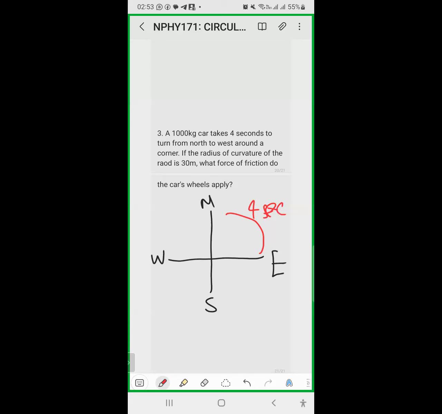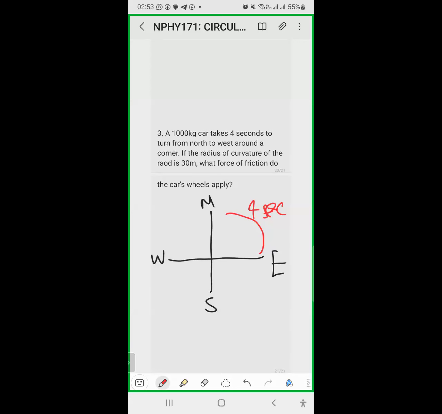By just looking at this, turning from north to west, and it took this car 4 seconds, we can see that there's a frictional force. The frictional force in this case is acting as the centripetal force, and is the one causing this car to turn from east to, sorry, to turn from north to west.